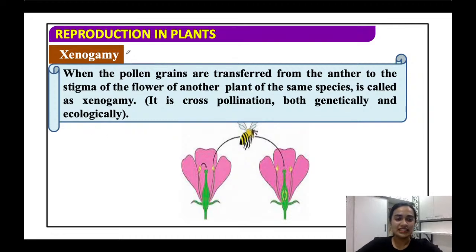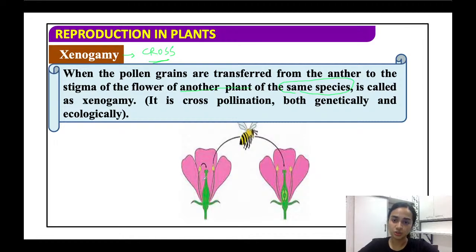So xenogamy is basically cross-pollination. It happens when the pollen grains are transferred from the anther to the stigma of another plant of the same species. It cannot be that one is a tomato plant and another is a chili.